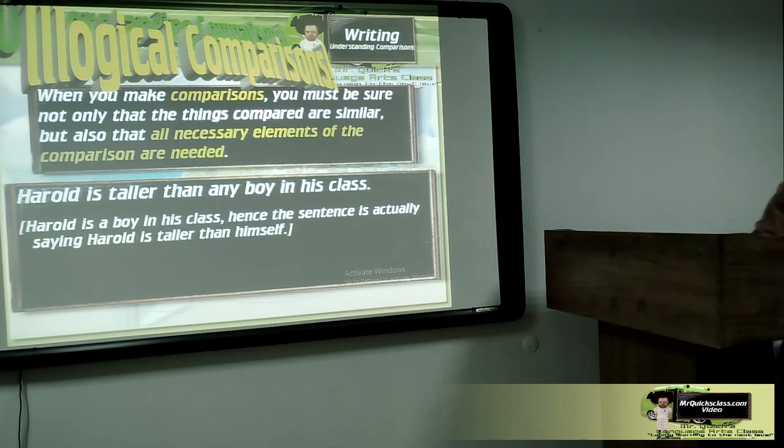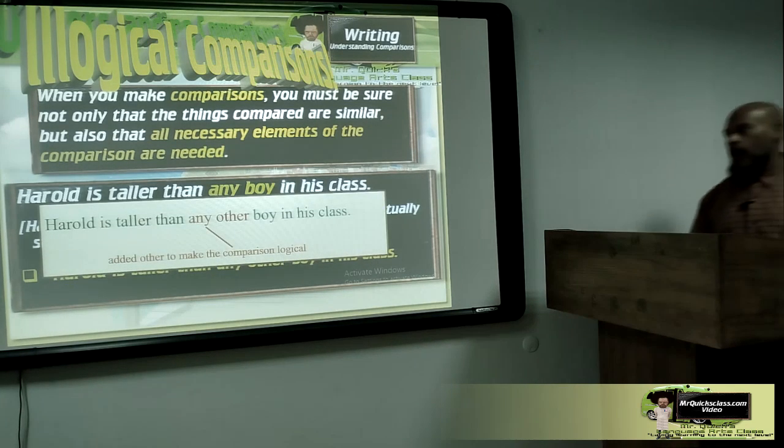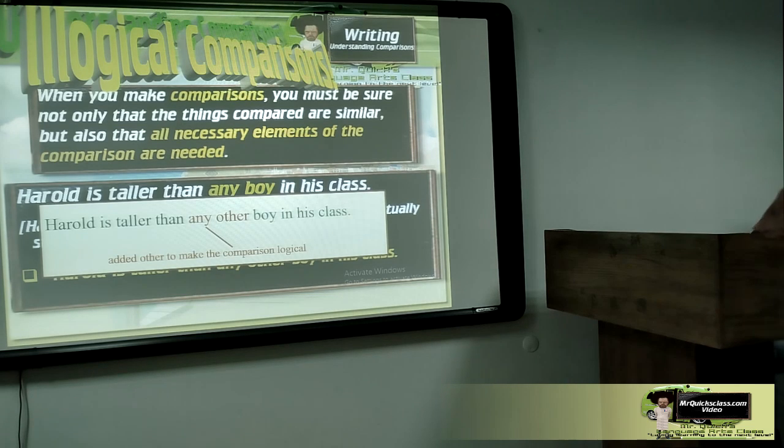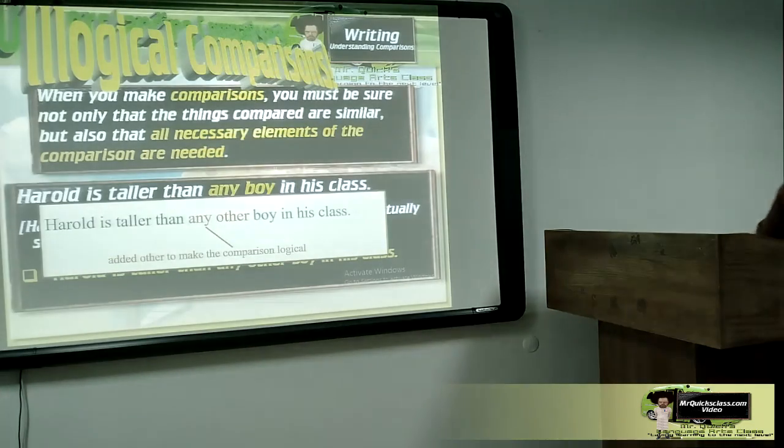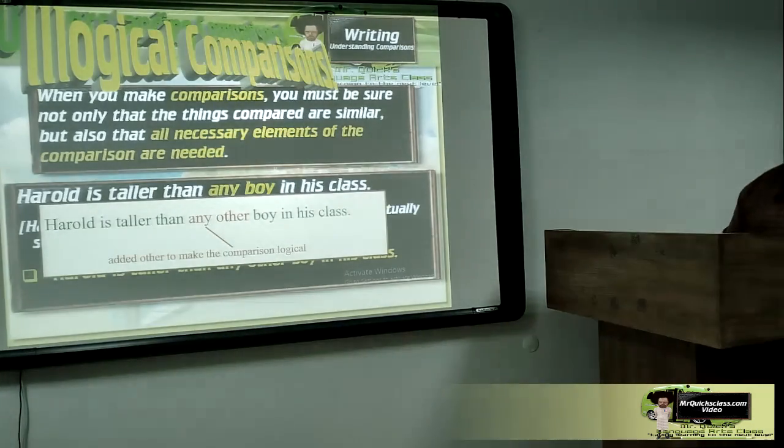So the correction that you gave me was any other boy. Okay, all right. So we deal with the illogical comparison in the same way. That was starting off easy with the illogical comparisons.